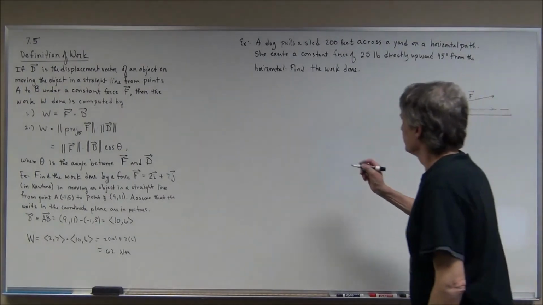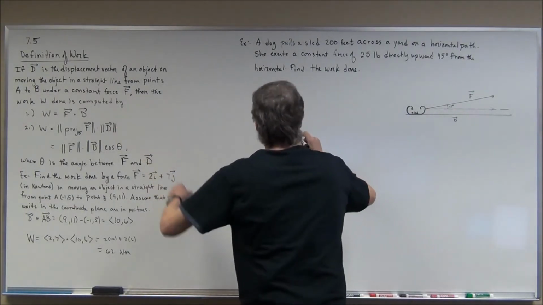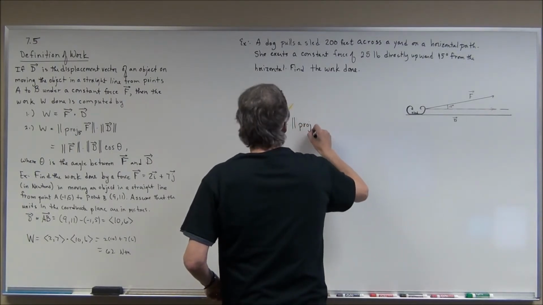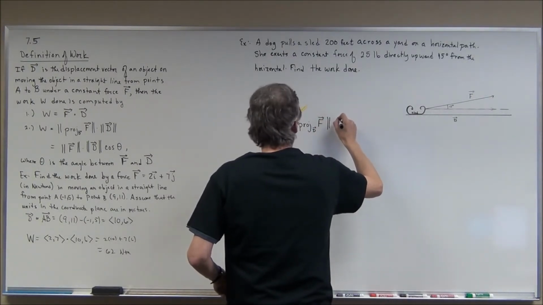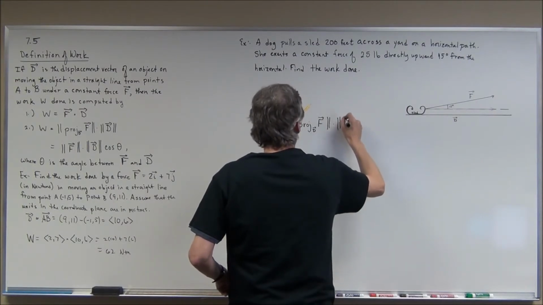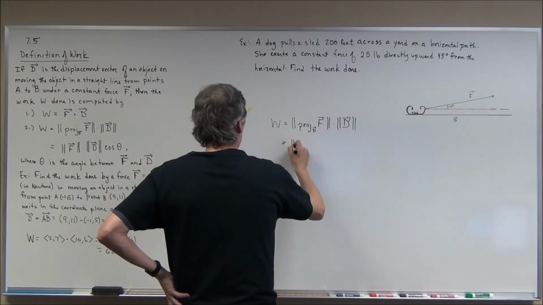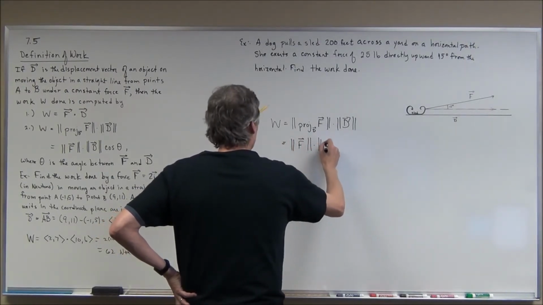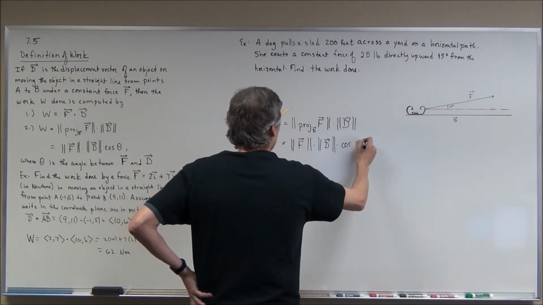So W would be equal to the projection of our force on our displacement, times the magnitude of the displacement, which is going to be the magnitude of the force times the magnitude of the displacement times the cosine of 15 degrees.